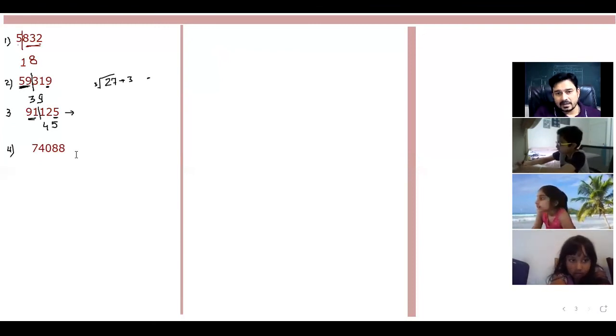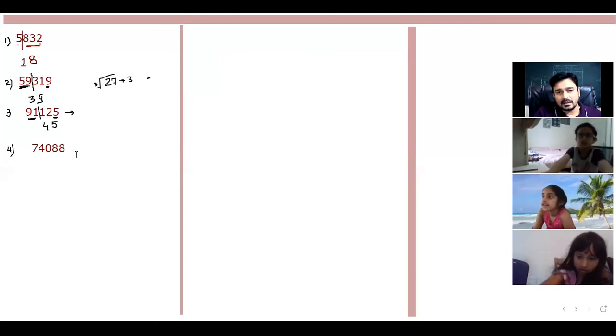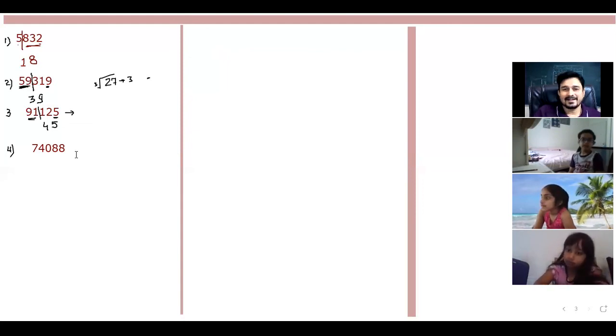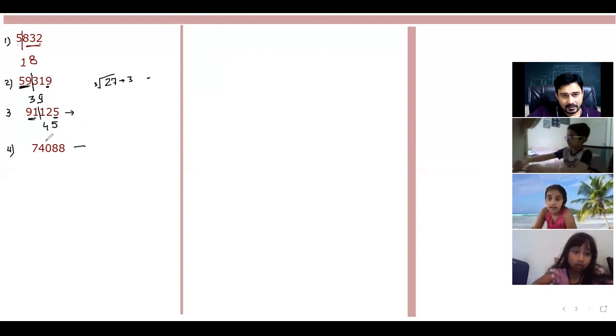Anvita, correct answer. Arjun, correct answer. Nivan, correct answer. Anvita is doing very fast. How am I doing this fast? I can help you. When Kapil sir is writing the number, first take the 74.